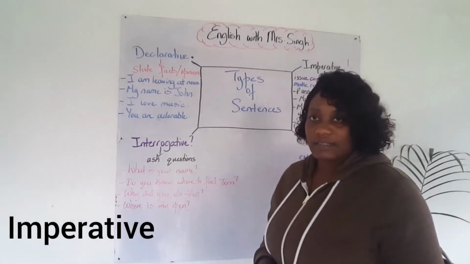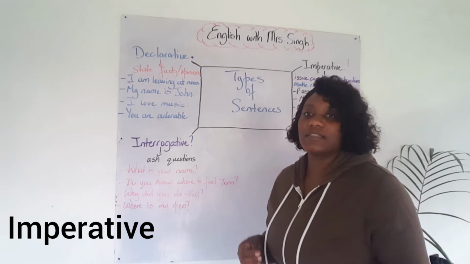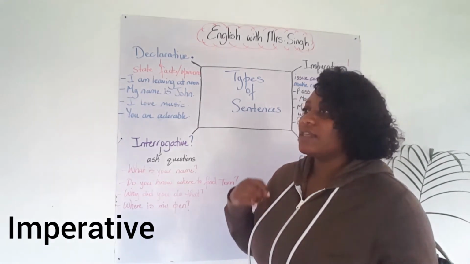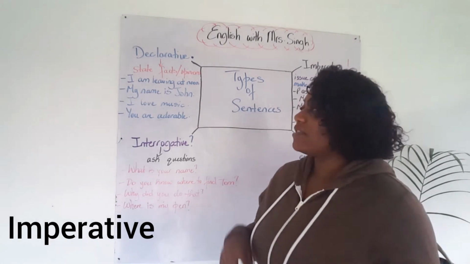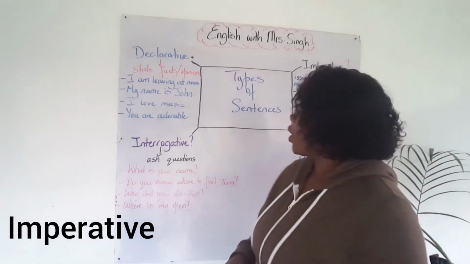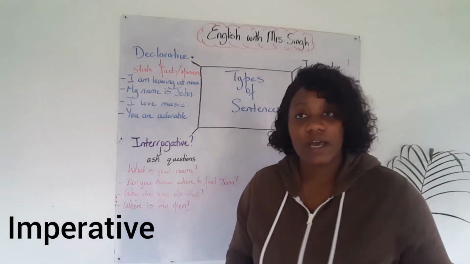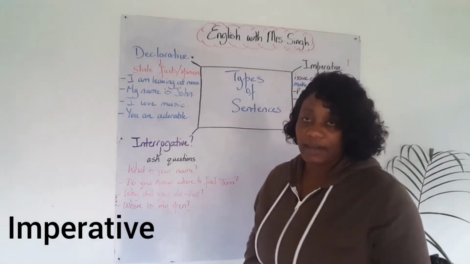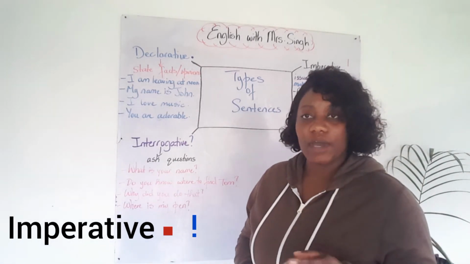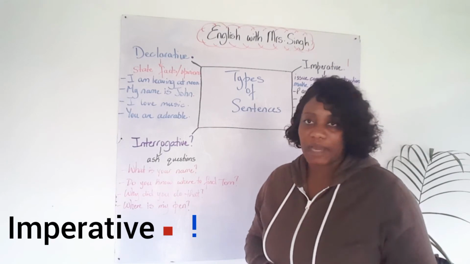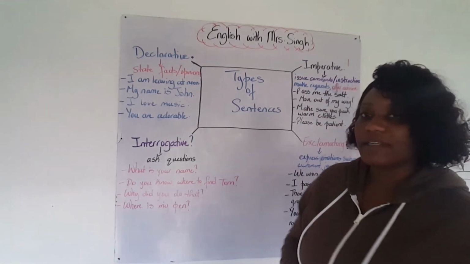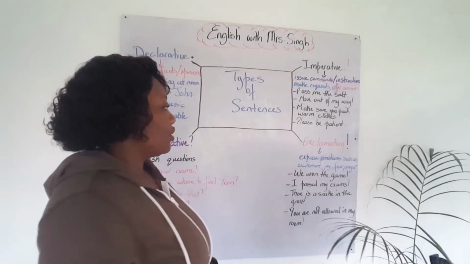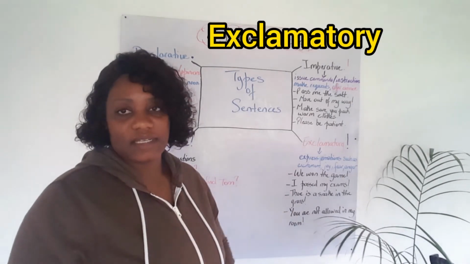Imperative sentences are sentences that issue commands. They give instruction, they make requests, or they offer advice. These sentences can either end with a period or an exclamation mark. And then we move on to exclamatory sentences.